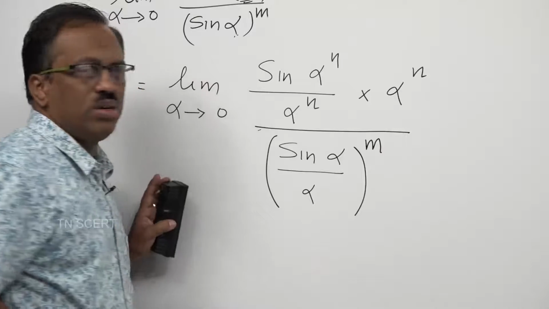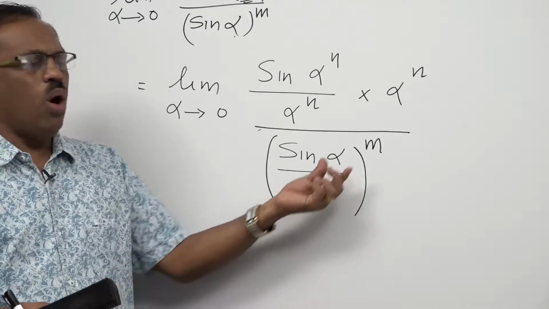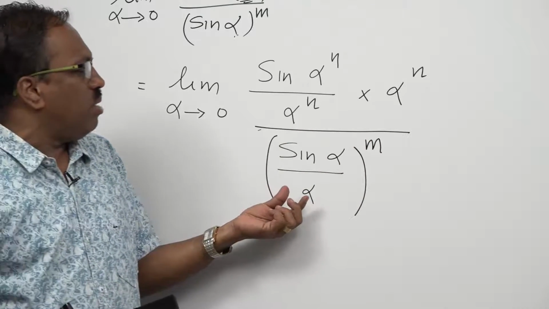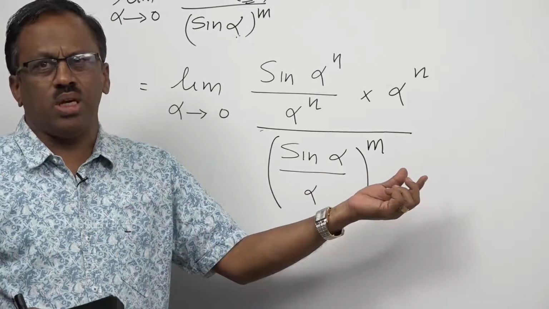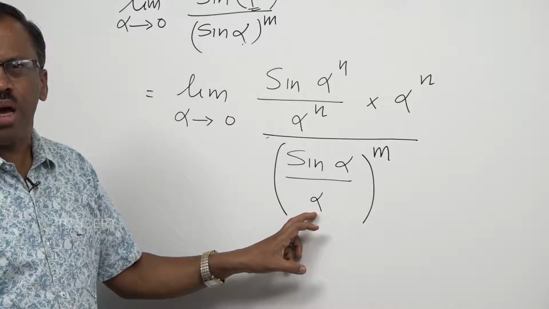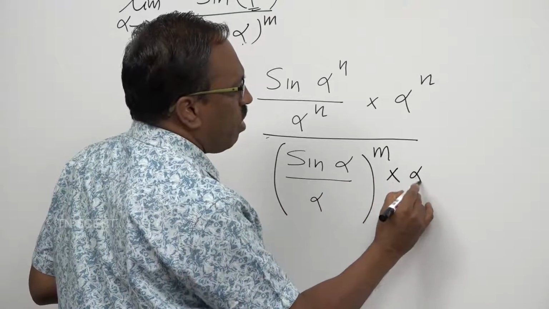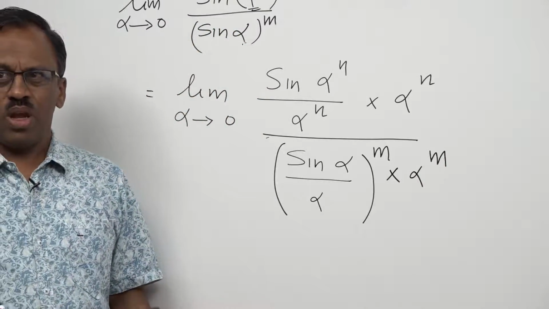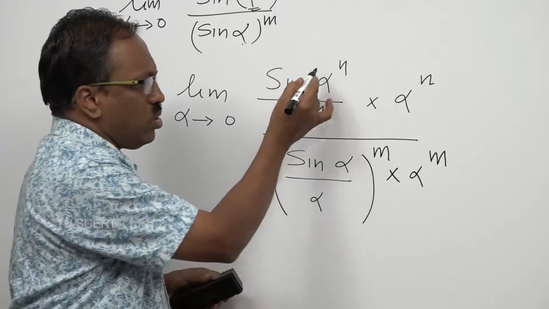See, here I have divided by alpha whole power m. That means I should do the same in the numerator too. Here sin alpha exists, and I have divided only by alpha power m, so here also alpha power m I should do. Did you get it? Have you got the idea of what I have done? This is the way you think about it.